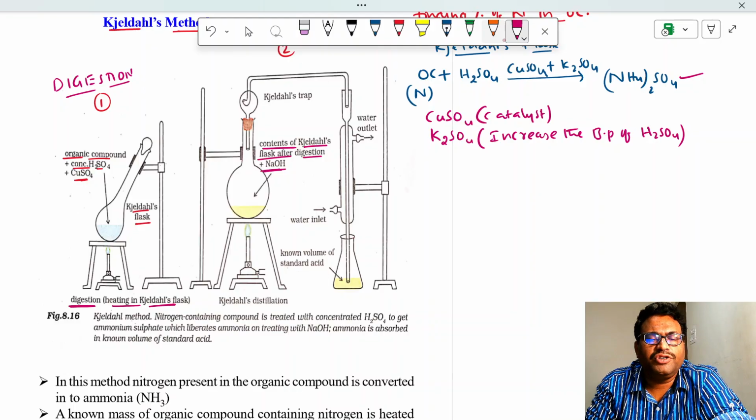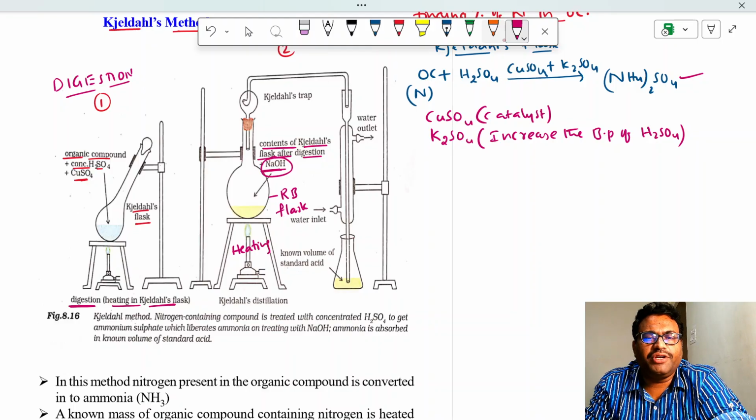Now, after the digestion process, you are taking that mixture from the Kjeldahl flask and placing it into this round bottom flask. Into this, NaOH is added, and again you are heating it. When you heat it, what happens?